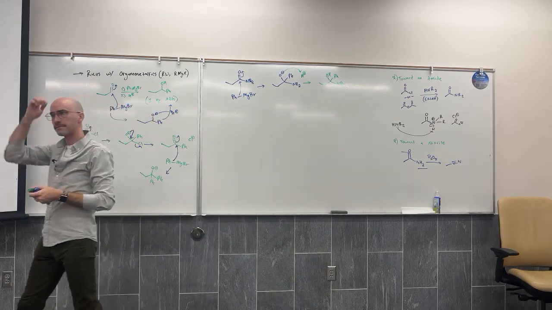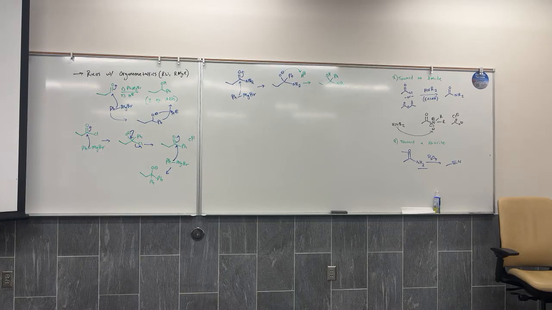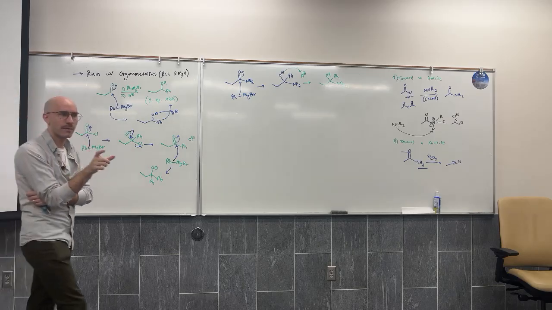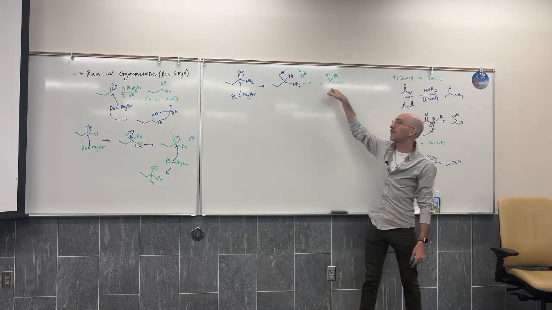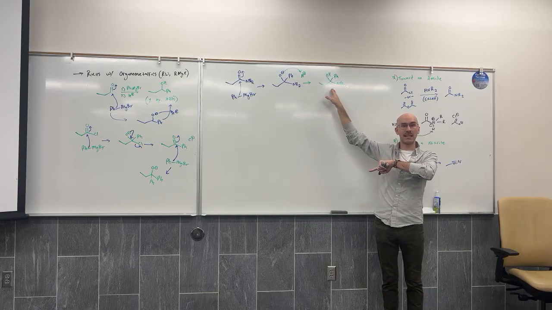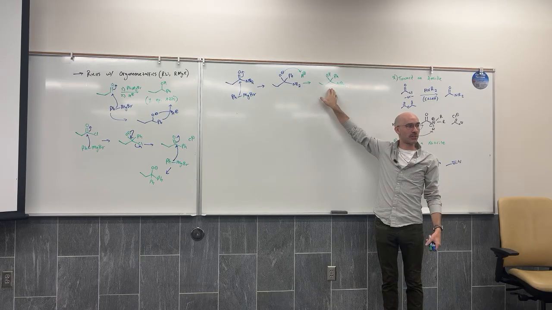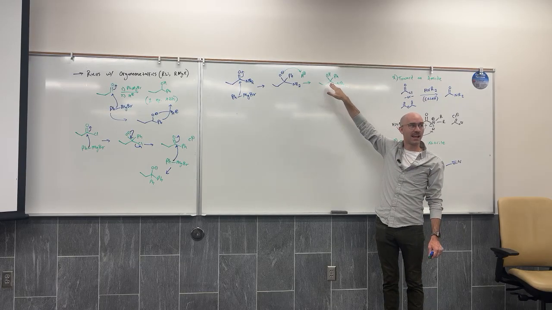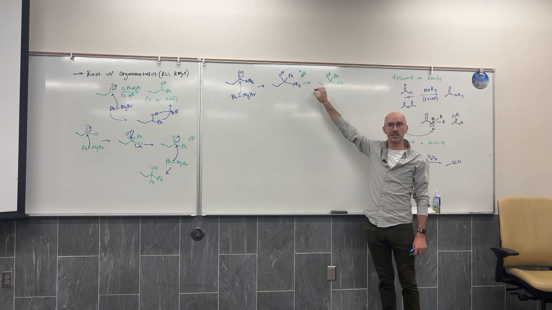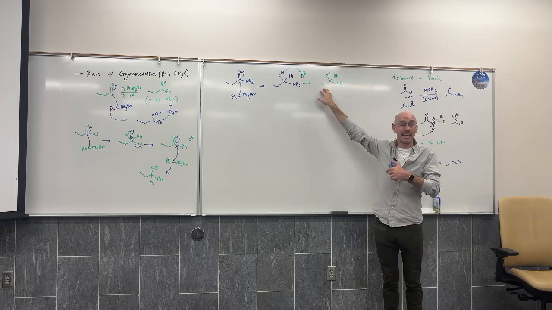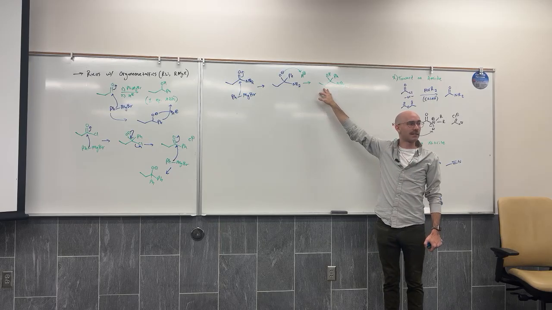This is a hemiamine. You remember the hemiacetal was halfway between an acetal and a carbonyl. This is halfway between an imine and a carbonyl, which means that this is hydrolysis of an imine. That's what we're looking at. Now that we've added acidic conditions, this hemiamine gets hydrolyzed.